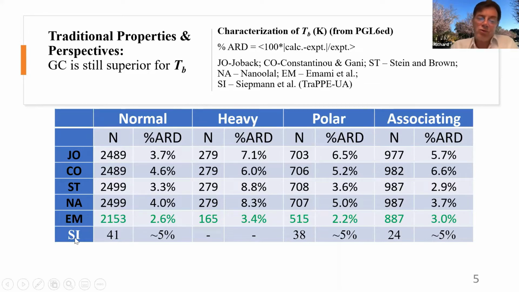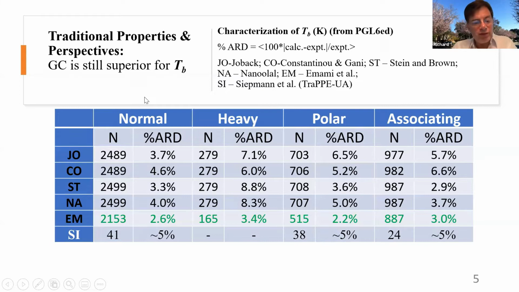And so the only one I felt like I could go with there, that they had tabulated their predicted values of the boiling temperature, was the TraPPE-UA method by Siepmann and co-workers. And so there aren't a lot of compounds there to compare to when you look at how much the group contribution methods can do. And this is a case where it was early on and we had time, and so we put a big effort into combining the databases of NIST and DIPPR. And so we've got about 4,000 compounds represented here with boiling temperatures.